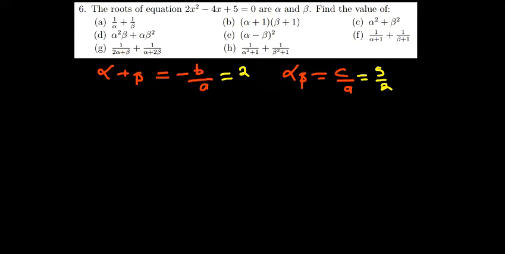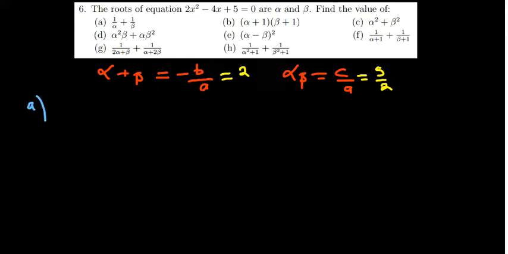That's very important. So if we are to simplify everything we've been given here, we should be able to express it in the form of addition and multiplication of alpha and beta. Okay, so I'll start with the first one.